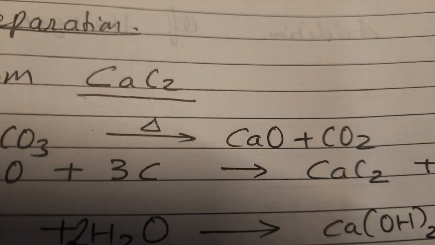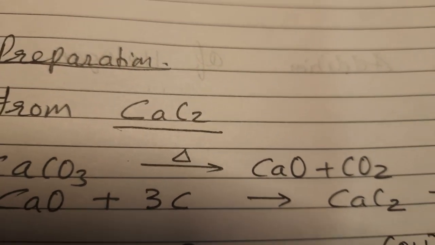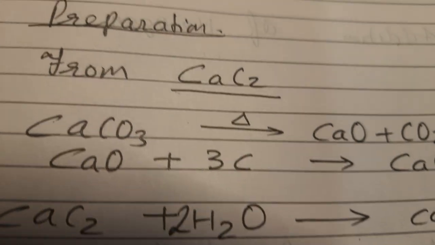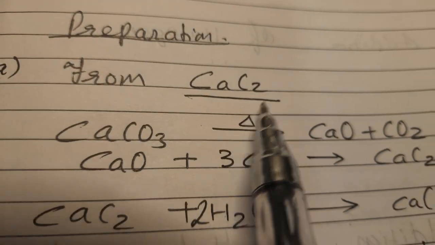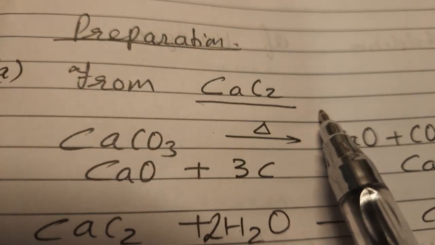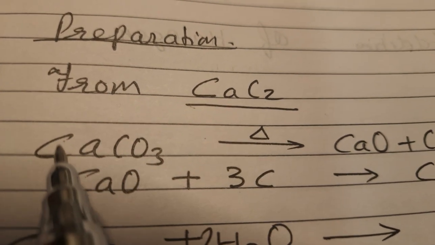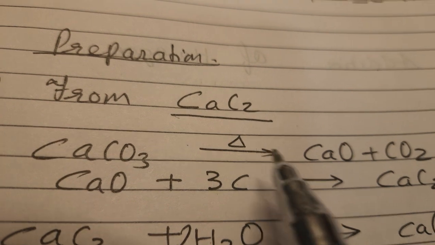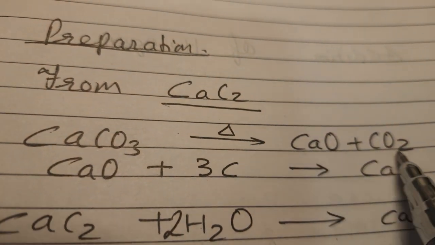Now we will come to the preparation of alkynes, as isomerism and all those are covered. First preparation is from CaC2. What is CaC2? Calcium carbide. First of all, CaCO3 is heated, and after thermal decomposition it will give quicklime and CO2.